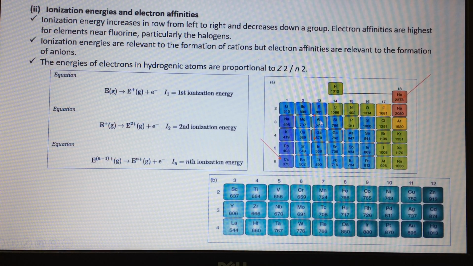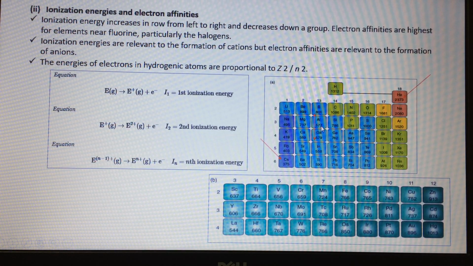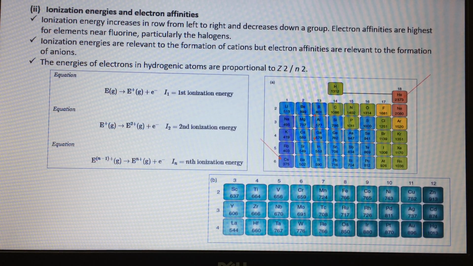But here it is different. Aluminum has lesser ionization energy and gallium has more ionization energy. Why does this happen? I will tell you.